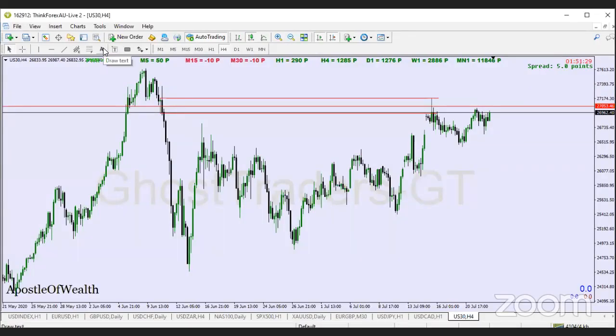So we get to see that our price actually tried to come here and touch this level, but somehow price actually failed. So we call this our FTR, which is failure to retest.